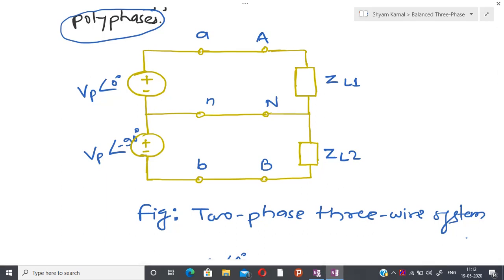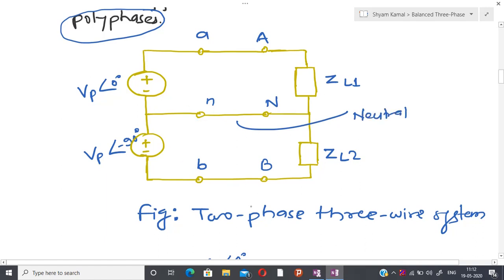See this figure. Here I have two phases. One phase is 0 degree and another phase is 90 degree, and I have three wires, and again the middle wire is neutral.